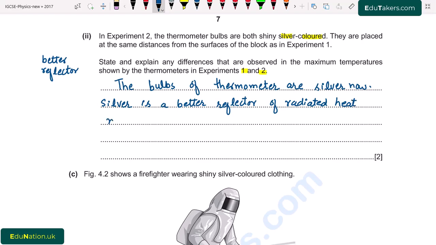Means that the bulb heats up less. So in experiment 2, the thermometer reading will remain lower.